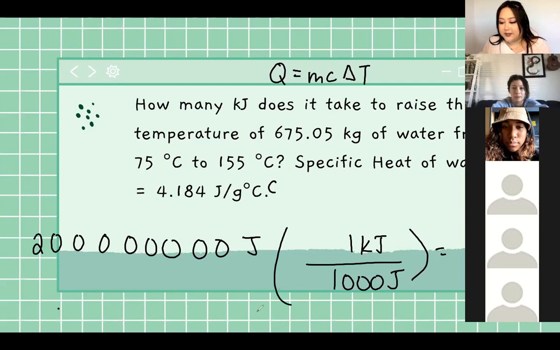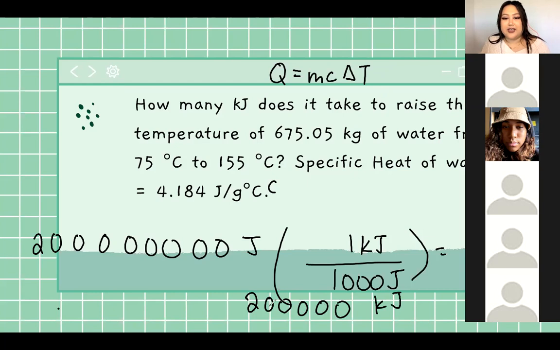Yeah, 20, with 6 zeros. Yeah, okay. Kilojoules. Any questions on this problem? Seems like everyone's kind of getting it. Okay, cool. So let us move on.